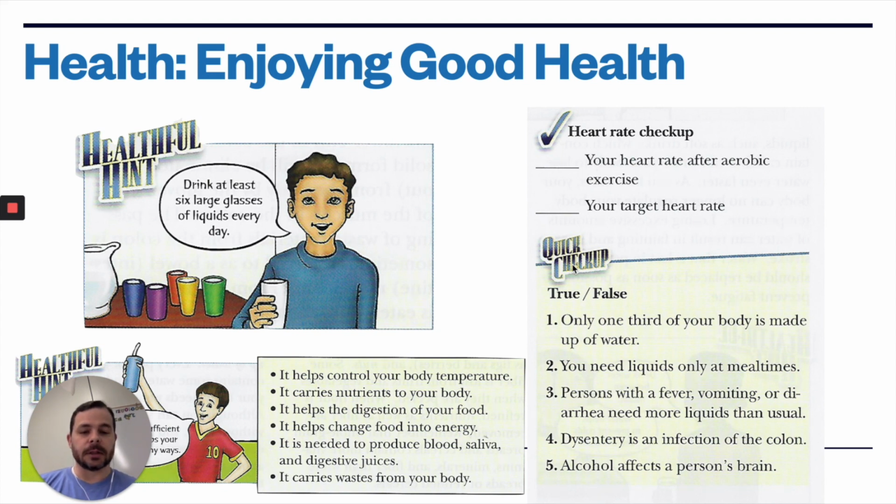Persons with a fever, vomiting, or diarrhea need more liquids than usual. Yes, because they are losing a lot of liquid, so they're going to get dehydrated quickly. Dysentery is an infection of the colon. Yes, that's true. You don't want to have dysentery. Many people have died in the past from that. And then alcohol affects a person's brain. That again is true.